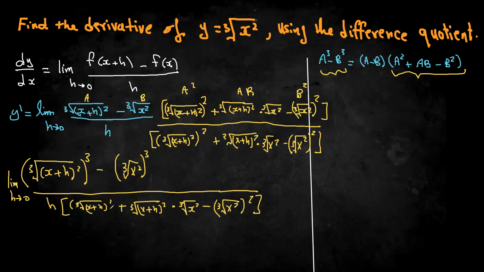Now we know that when you cube a cube root, the cube root and the cube cancel. So this cube and this cube root cancel. What we end up with on top, and we shouldn't forget the limit as h goes to 0, is x plus h squared minus x squared, as I told you, the cube cancels the cube root, and that's why we ended up with that.